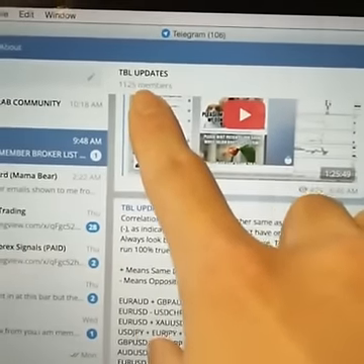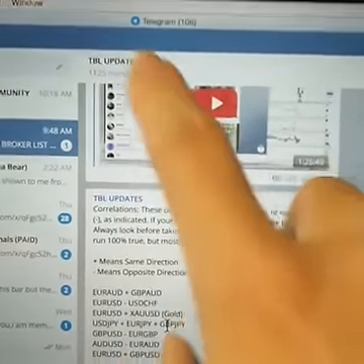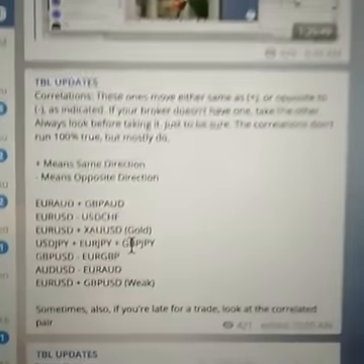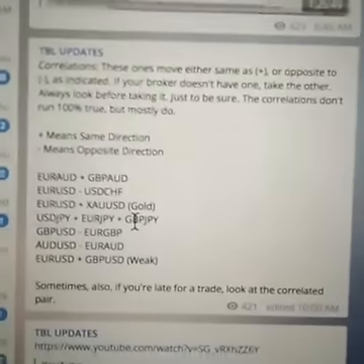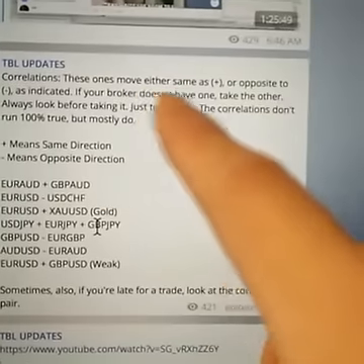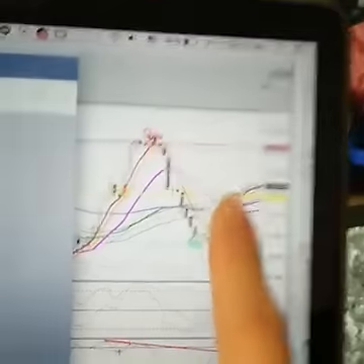Once you're a member, you get to be part of the TBL updates, where I dispense all useful information, replays, webinars, and everything. If you're not a member yet, you can write this down, or screen grab this or whatever. I'm going to show you how I arrived at that awesome trade using correlations.